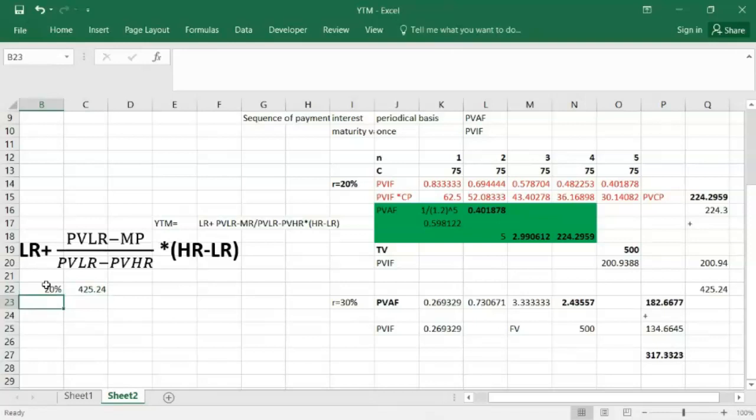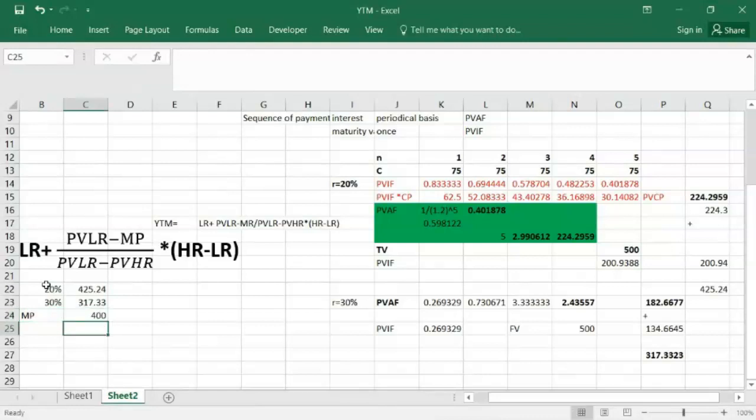And if I have taken 30 percent, the present value of the payment comes to 317.33. So these two values I can take. And one more value I need, the market price of the instrument. The market price of the instrument becomes 400 rupees.